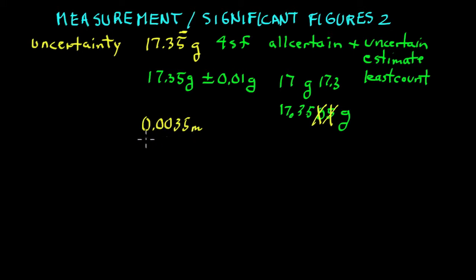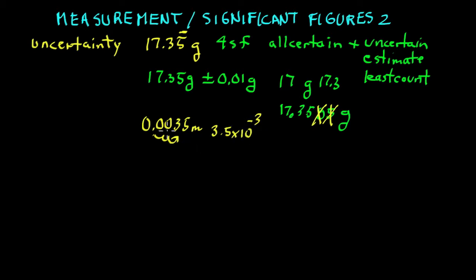When you have zeros to the left of the number, the rule is no zeros to the left of this number are significant. So if we count 1, 2, 3, we make that 3.5 times 10 to the minus 3.